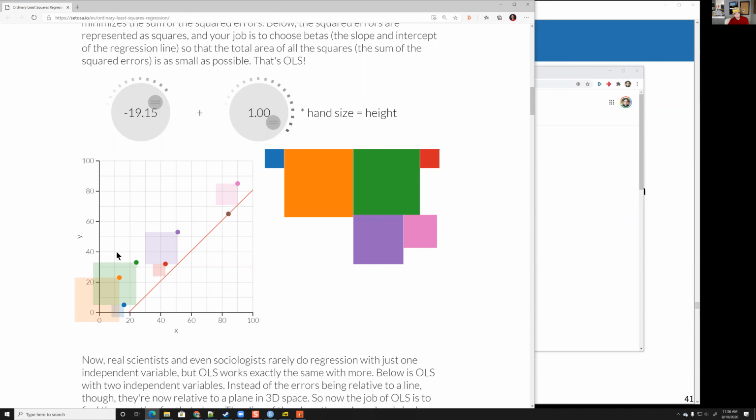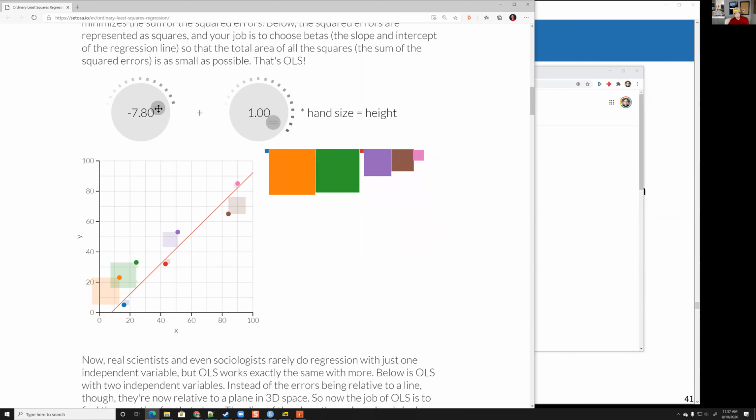There's no brown square here, but you can see that there is going to be a big residual for the orange and the green dots. There is a big difference between what the line predicts and what the actual value is. And when you square this residual, it forms a very big squared residual, represented by this big green square and this big orange square.